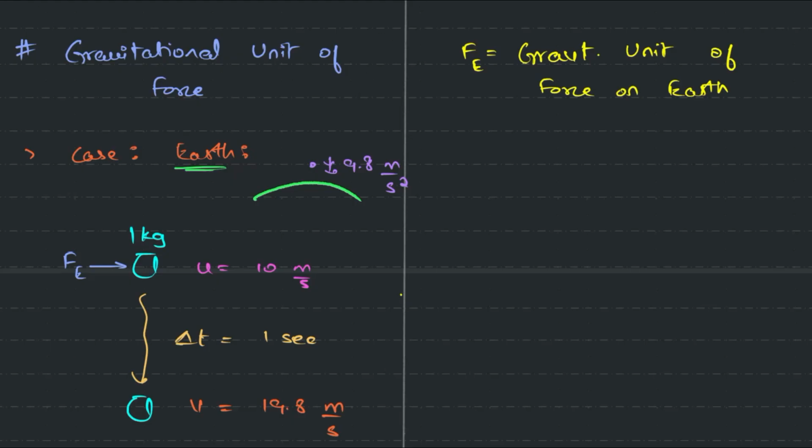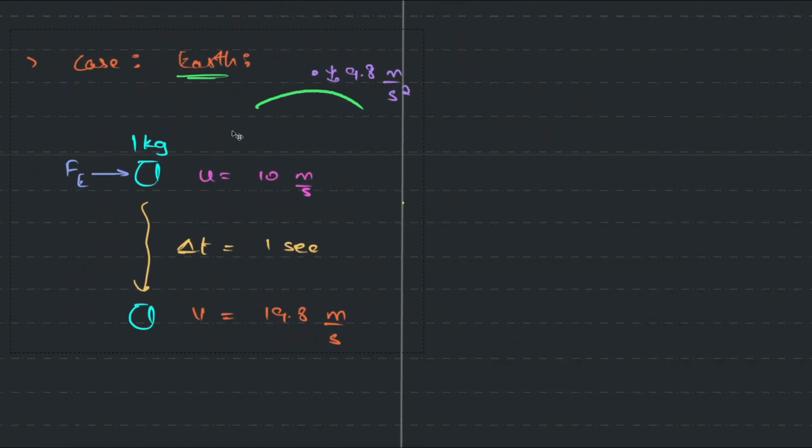For example, same thing I can take up, and I can talk about the case of the moon. Instead of Earth, I can talk about moon. And on moon, we have an acceleration due to gravity similar to what we have over here. The value would be something like 1.625 meter per second square. So basically this will be 11.625 meter per second.